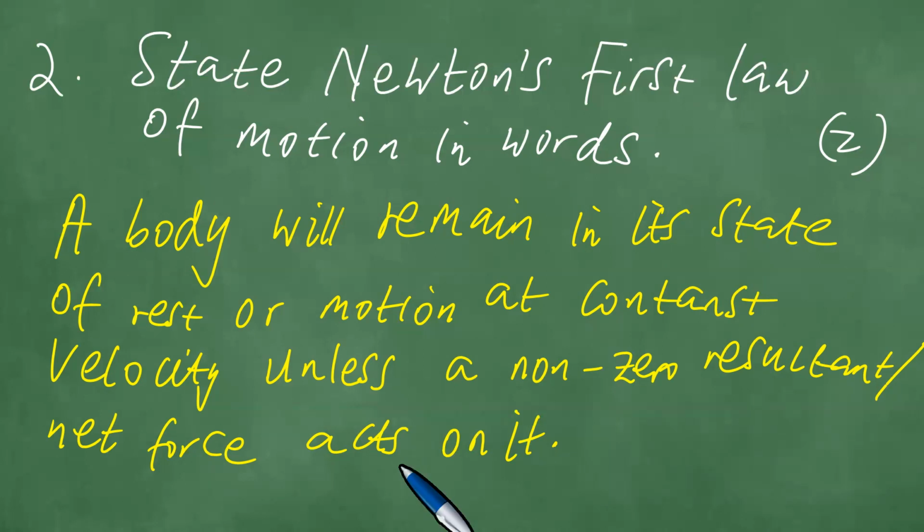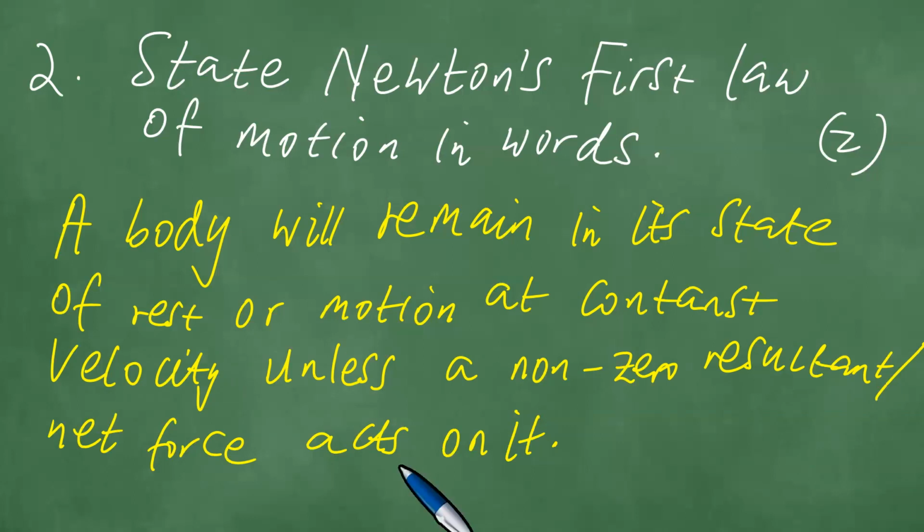So you note this law and make sure that you understand this particular law. This one you need to know for both matric and grade 11, because it's examined at both levels.